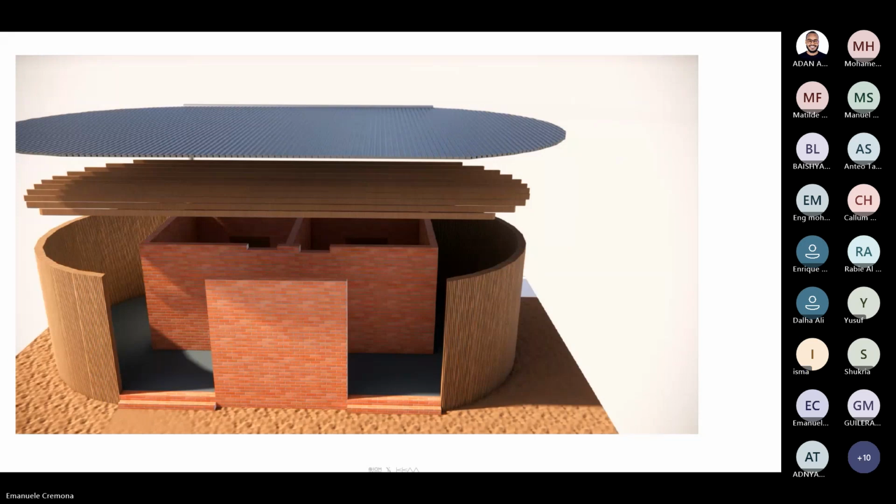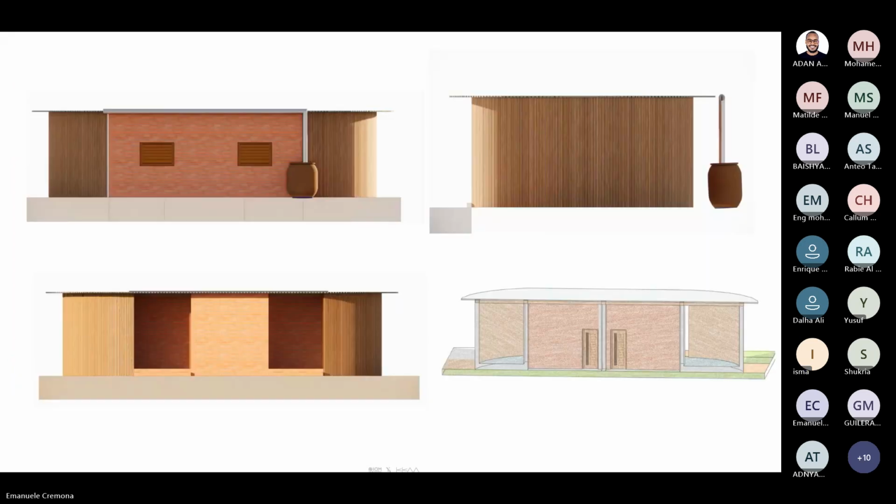In the elevation you can see the water tank roof that's used for water harvesting. That's why we use the water harvesting system. Most of Somalia has two rainy seasons, so we need to make harvesting, so we design this sloping roof and use it for a water tank for harvesting.